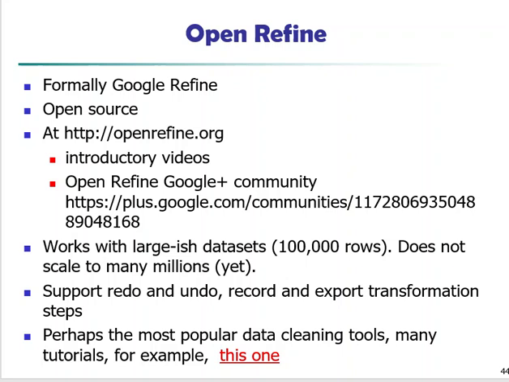It also has tools to help you clean up numerical data. It works with large data sets of around 100,000 rows, but it doesn't scale to many millions yet. Google Refine is a desktop application that, once you download it, runs in your browser, but can be connected to many other services, so it's quite flexible.